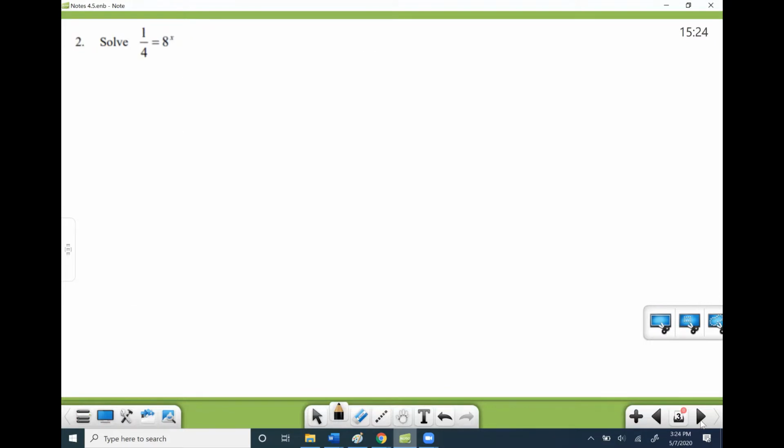Okay, so neither one of these looks like they have the same base. But I'm going to write 1/4 as 1/2 squared to start with, because I'm noticing that 8 and 4, well, 2 to the 2nd is 4 and 2 to the 3rd is 8.